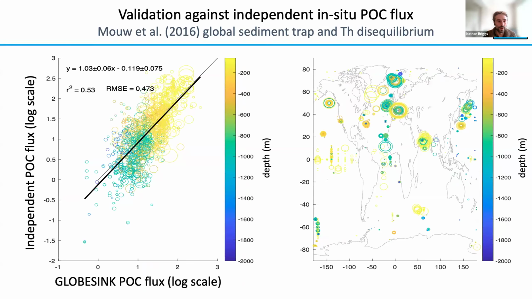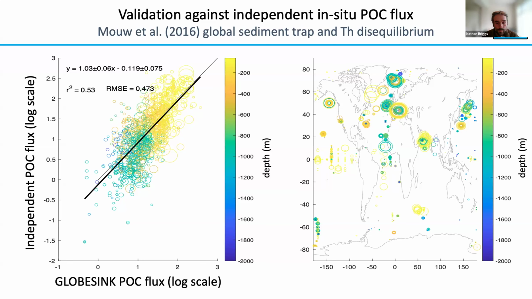And then we can validate this against other measurements of POC flux in the ocean. This is the validation regression versus the Mao et al. 2016 global compilation of sediment trap and thorium disequilibrium based sinking POC flux estimates.